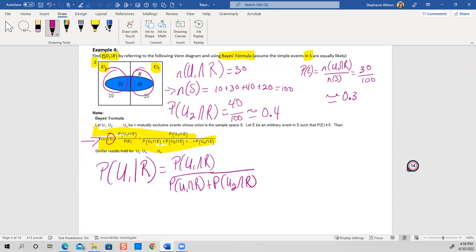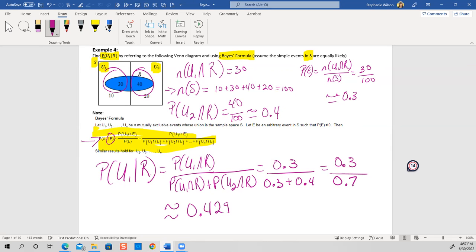All right, so now we got our formula. Now let's break it down. The U or group 1 intersects R at 0.3. It's all divided by 0.3 plus the second group intersects R, 0.4. So now I got 0.3 all over 0.7. And when we divide this out, we get approximately, let's go out to thousandths, 0.429. And that is that probability.